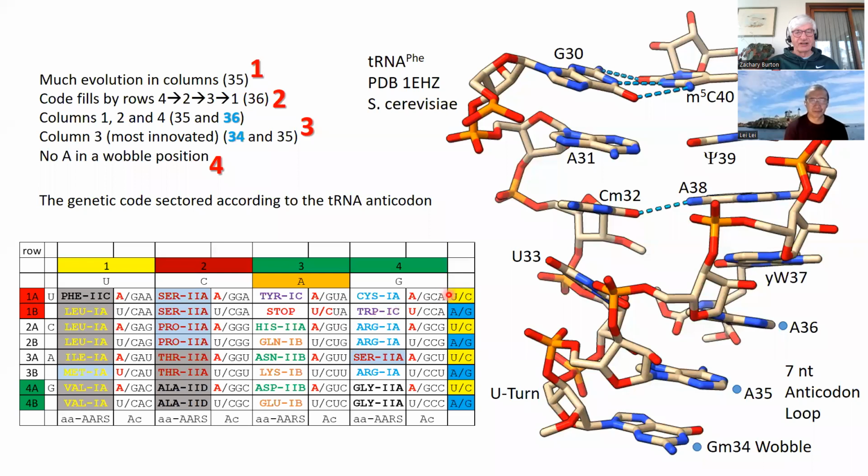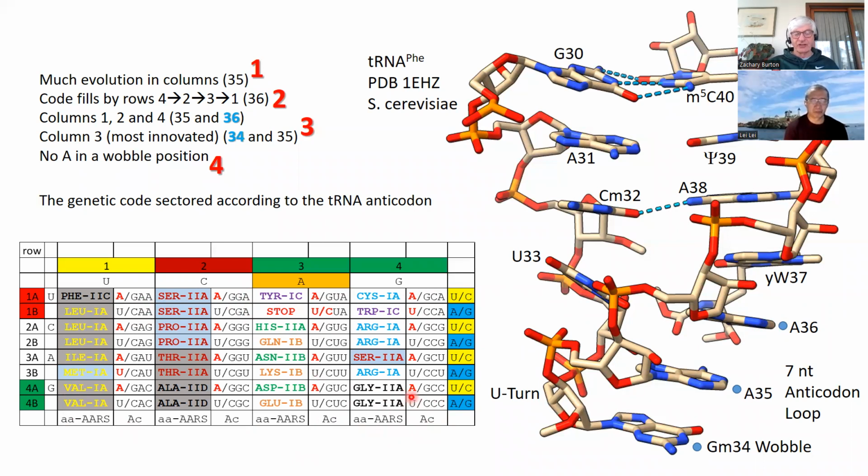And the reason that row 1 is hard to fill is that when that's a wobble position, essentially these tRNAs would act as stops. And then the A and B rows, that relates to the 34 position.